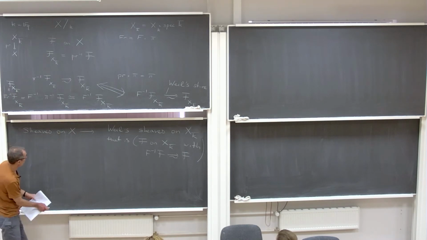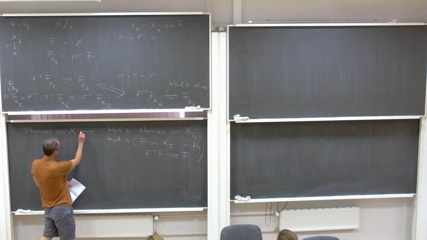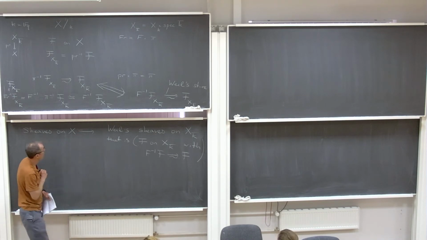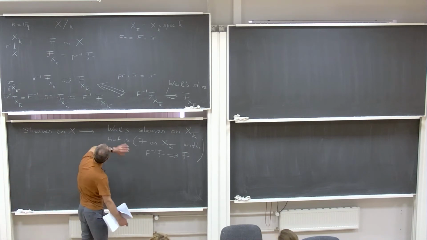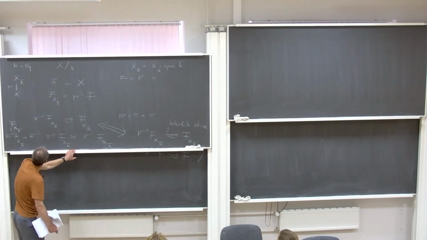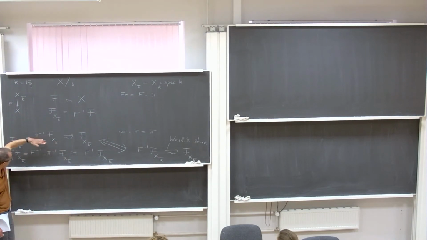So, well, in fact, this functor is fully faithful, and it's almost an equivalence. So, well, given a Weil sheaf is the same as I explained here, a sheaf together with this isomorphism.